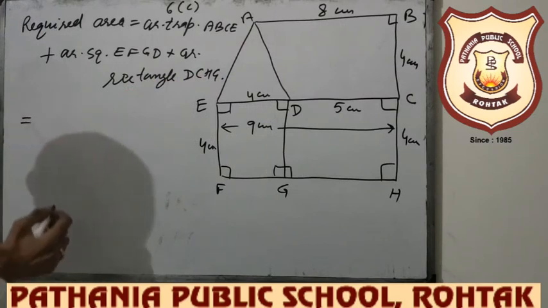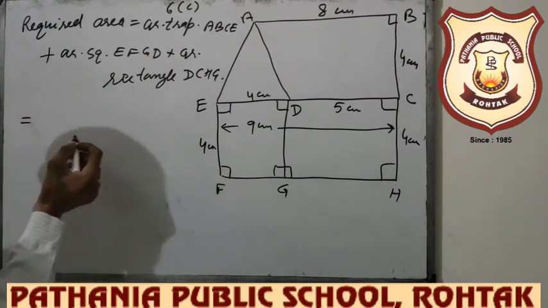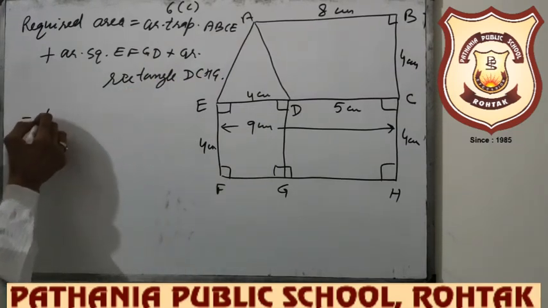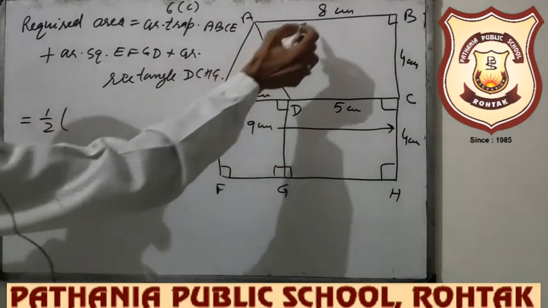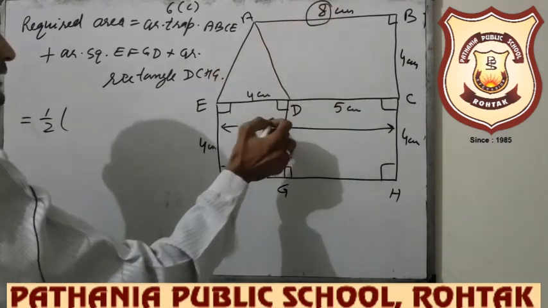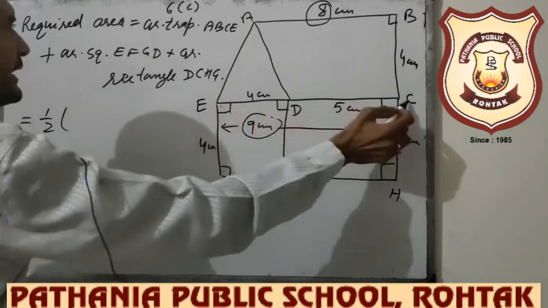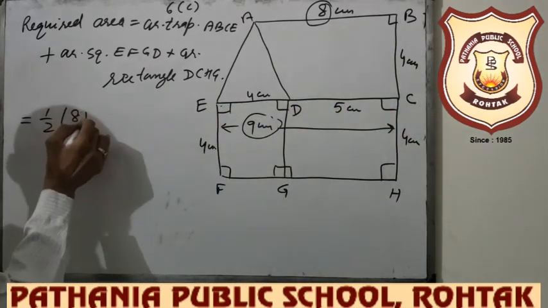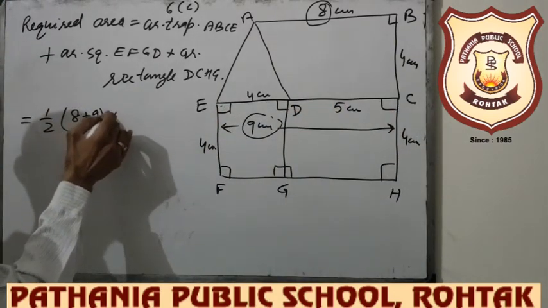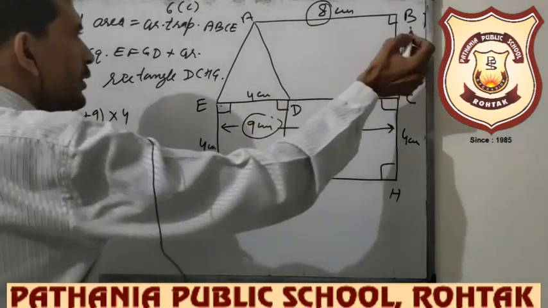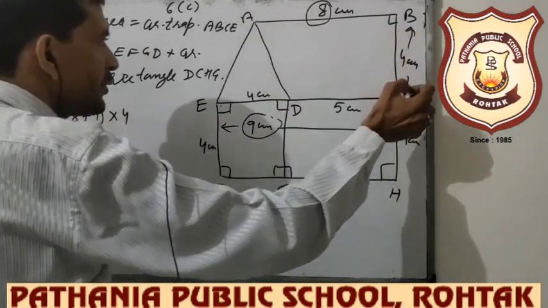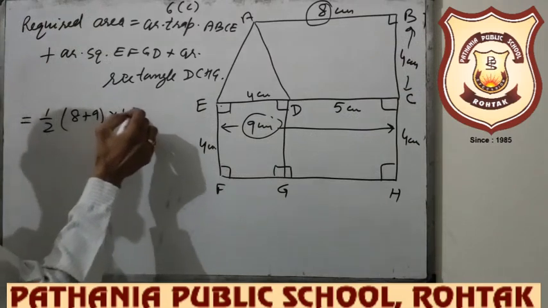Now it is equal to area of trapezium ABCE, which is half into sum of parallel sides 8 and 9. This complete side is 9. 8 plus 9 into height. This height is 4, plus area of square.